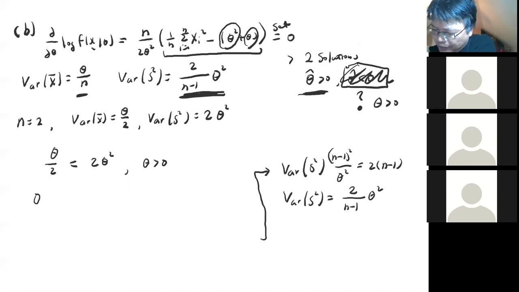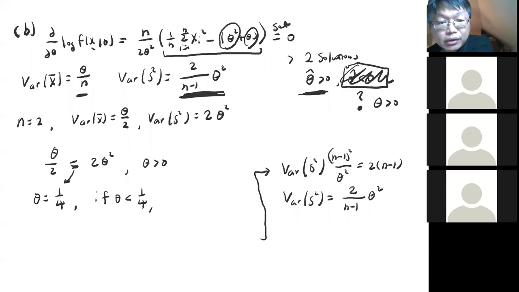I think theta equals 1/4, right? So it's not hard for you to draw that function to see what happens. If equal theta is 1/4, that basically means if theta is smaller than 1/4, which one is smaller?